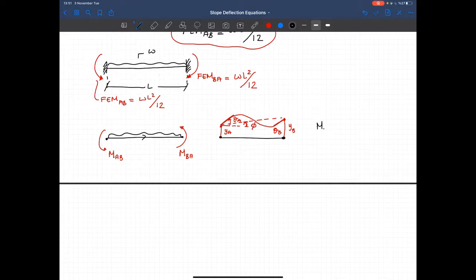The end moment MAB is equal to 2EI over L times (2 theta A plus theta B minus 3 times chord rotation) plus WL squared over 12.